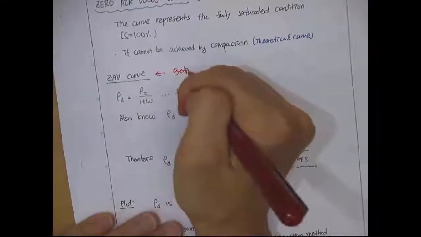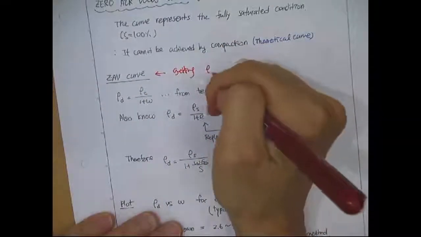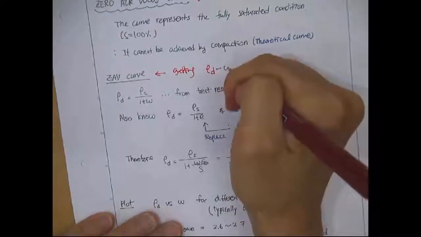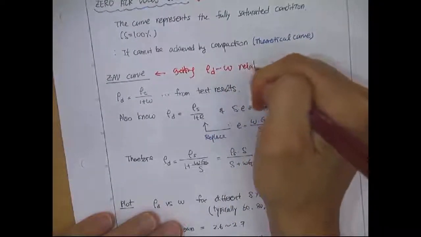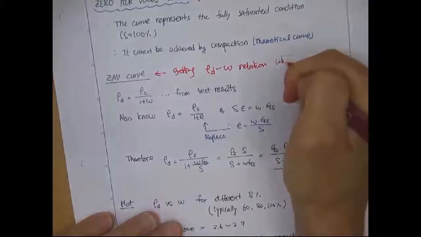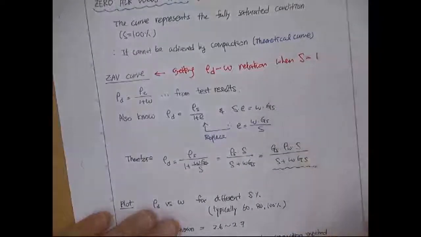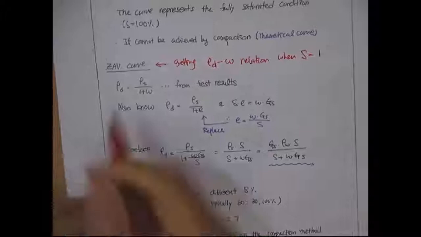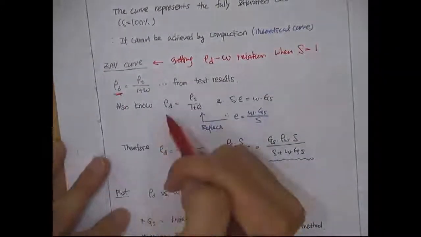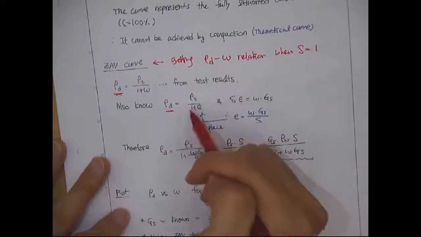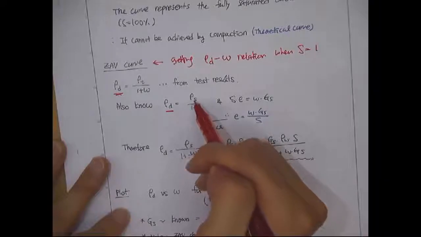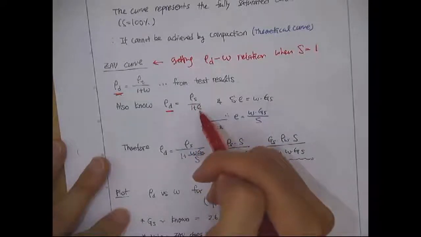It's like getting the rho d and w relation when the degree of saturation is 1. We know dry density is defined as the solid density over 1 plus e, the void ratio.